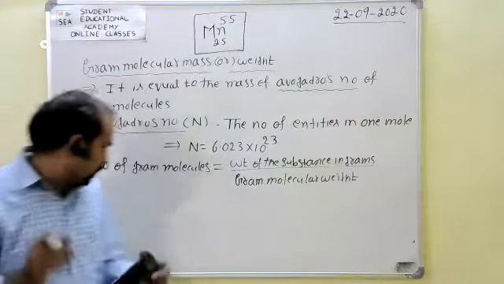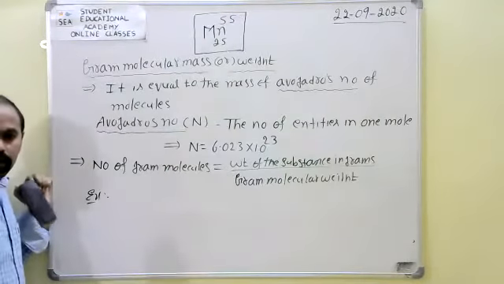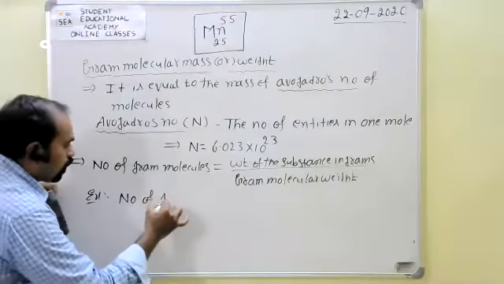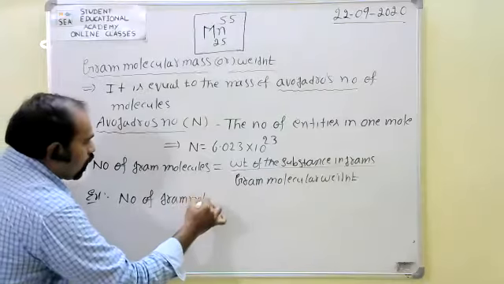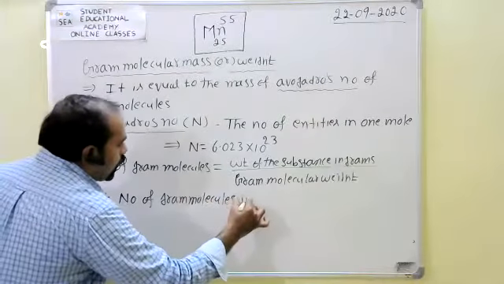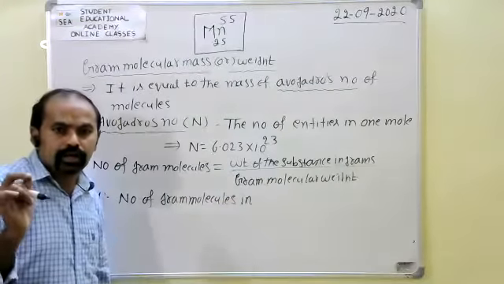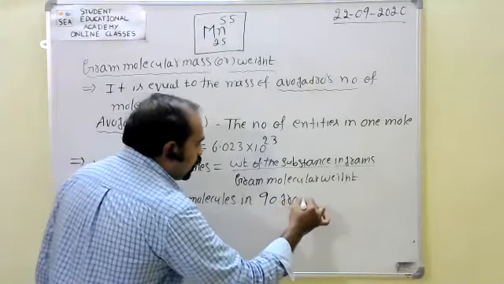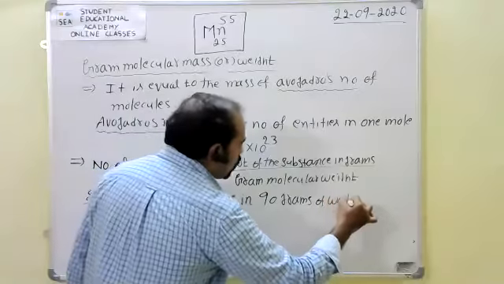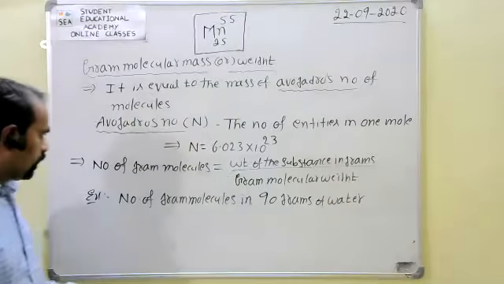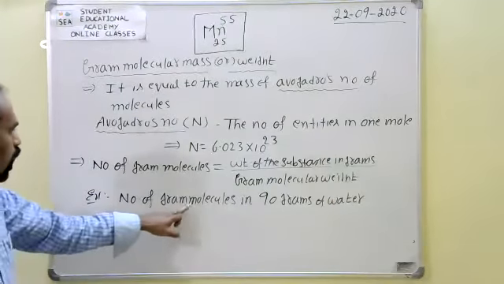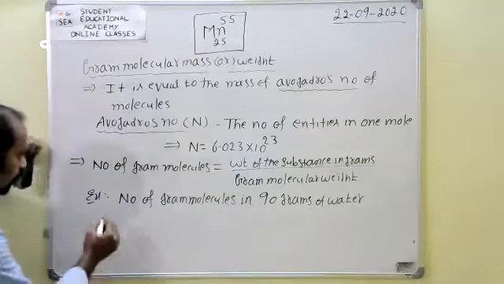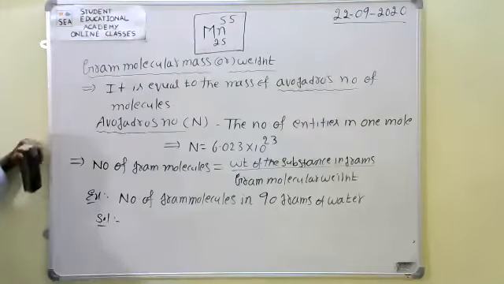For example, the number of gram molecules in 90 grams of water. So here we want the number of gram molecules in 90 grams of water. How to calculate that?